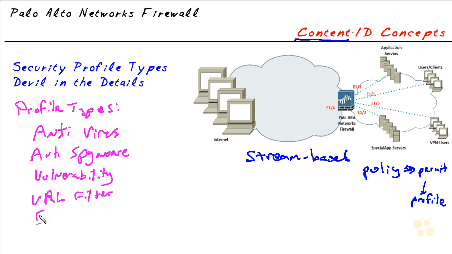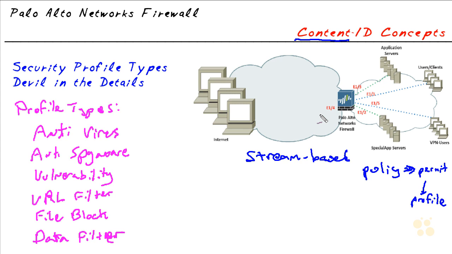We have file blocking, and then we have data filtering. So each of these, okay, so each of these as we go is a different profile that we can configure. You may configure all of them if you want to, but it gives us different points of view into the internal data structures of what information is being transferred back and forth on here. Okay? So kind of think through that as we go in here.